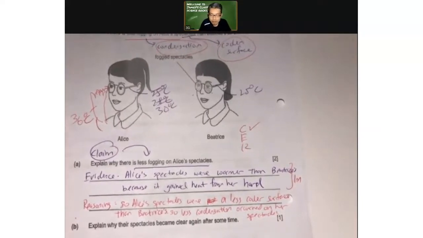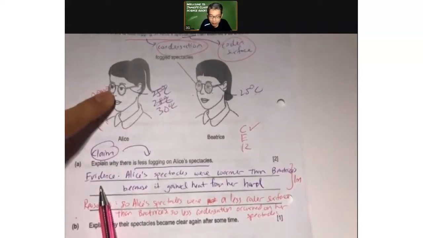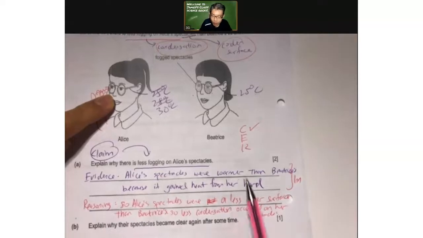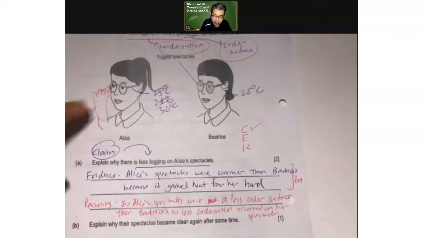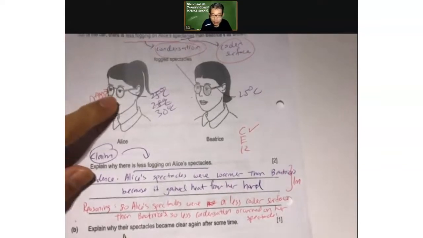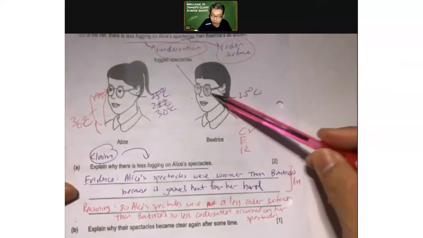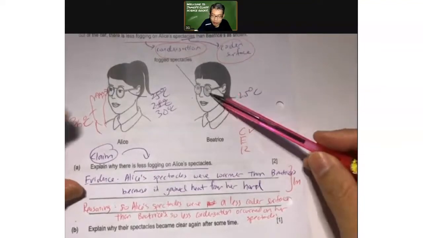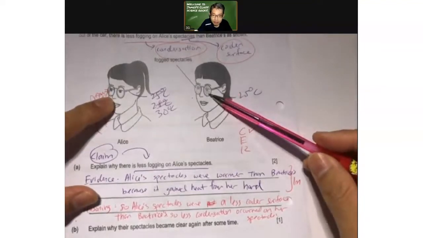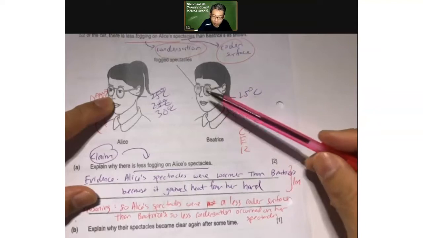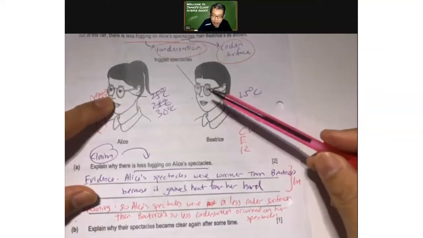Let's go back to this. So evidence is her spectacles is at a higher temperature, were warmer than Beatrice's because it gained heat from her hand. 1 mark. So what? So this is actually a less cooler surface. This is a more cooler surface than this. So if this is a more cooler surface, there will be more condensation here.